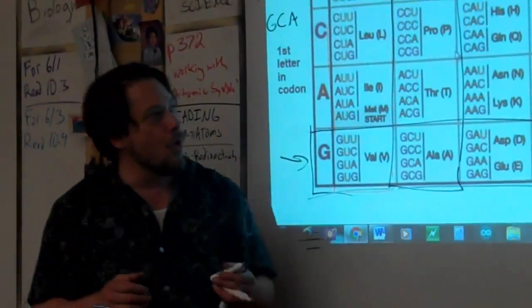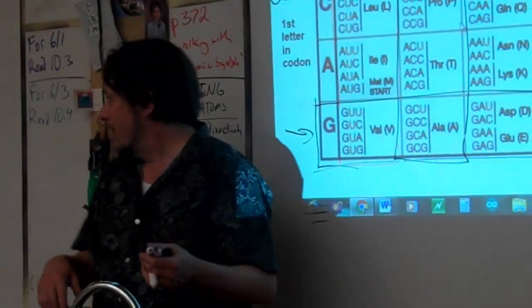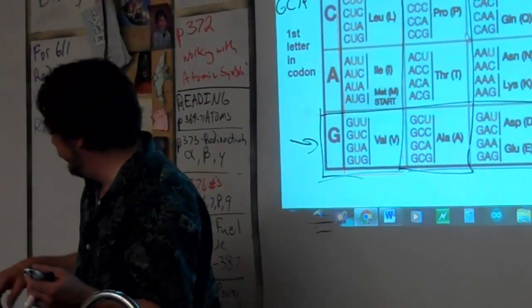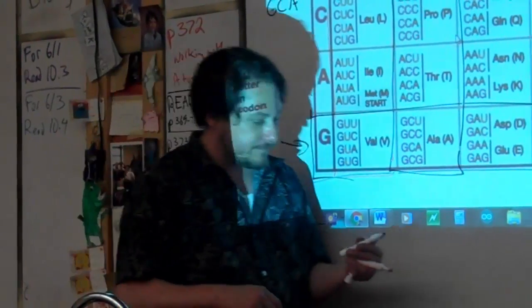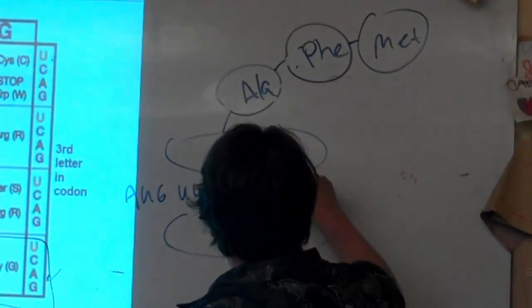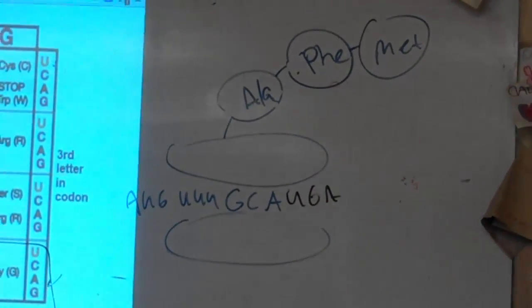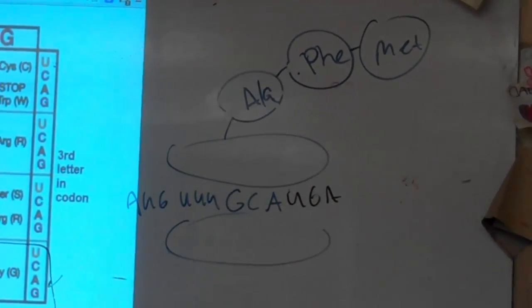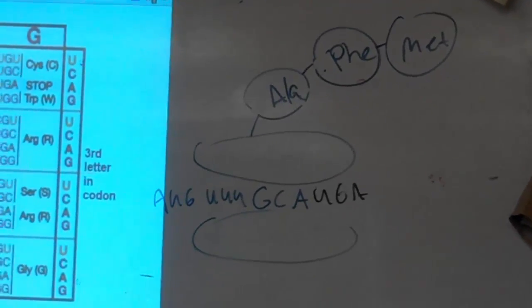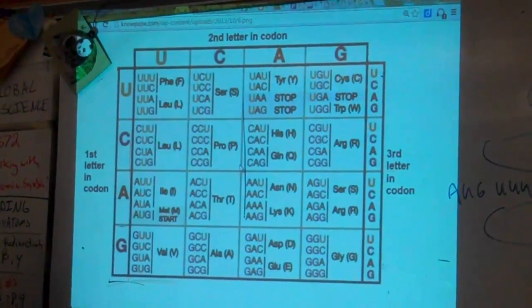Okay, so, and then finally, the next one is UGA, which I'll just write in here. UGA. When that one gets read, what does that say? Stop. It says stop, right. UGA.